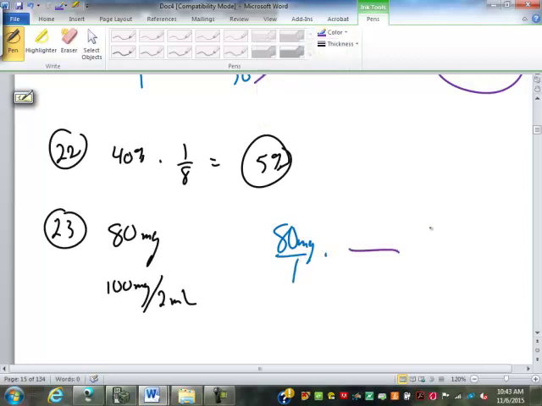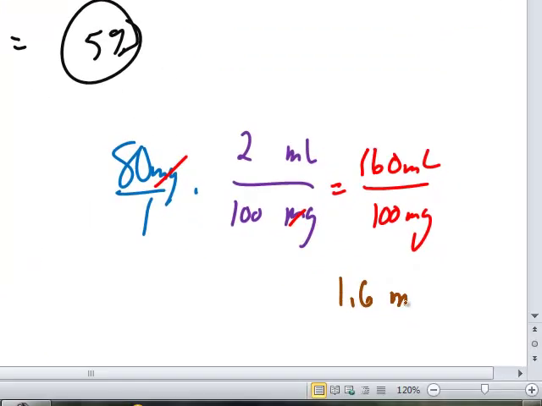Converting this into milliliters, milligrams have to go on bottom, milliliters on top. 100 milligrams per 2 milliliters. Our milligrams cancel. 80 times 2 is 160 milliliters over 100 milligrams. Divides out to give us 1.6 milliliters.